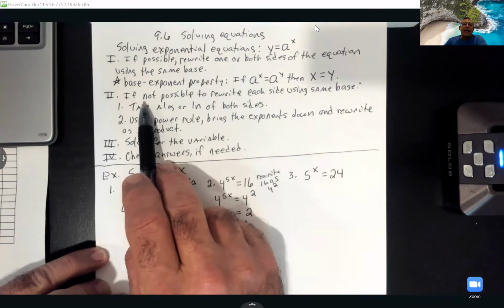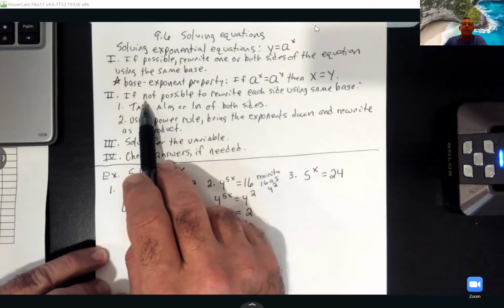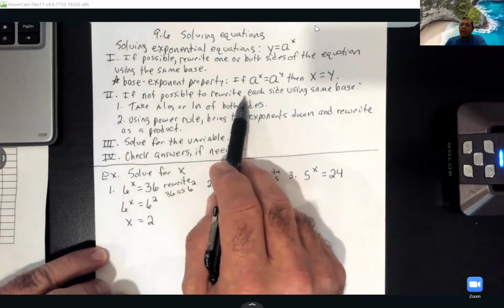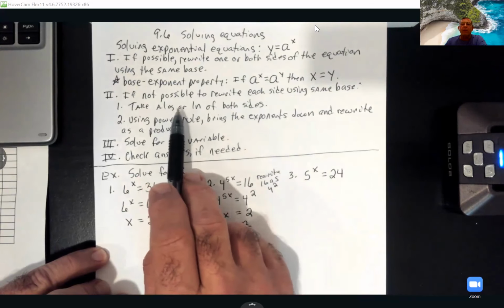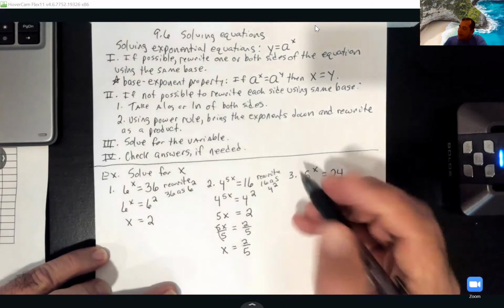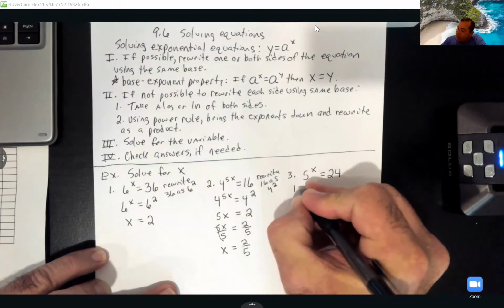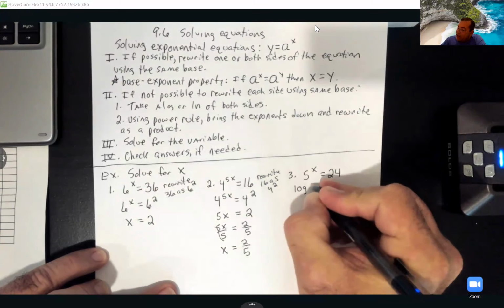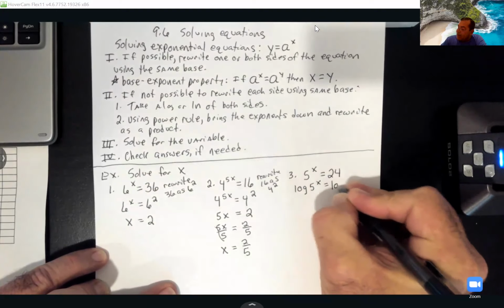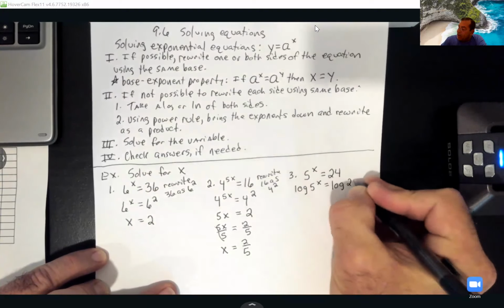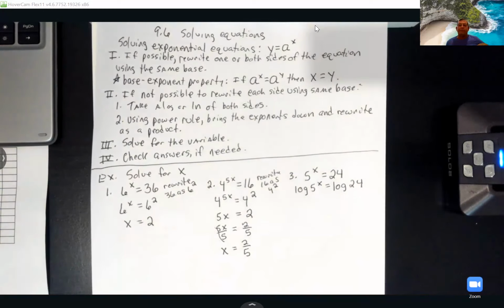So that means I got to go to step 2 that says if it's not possible to rewrite each side, I'm going to take a log of both sides. So I have log of 5 to the x equals log of 24.